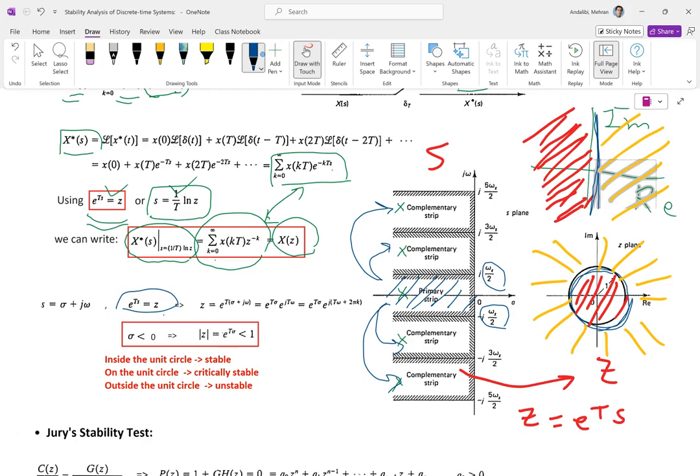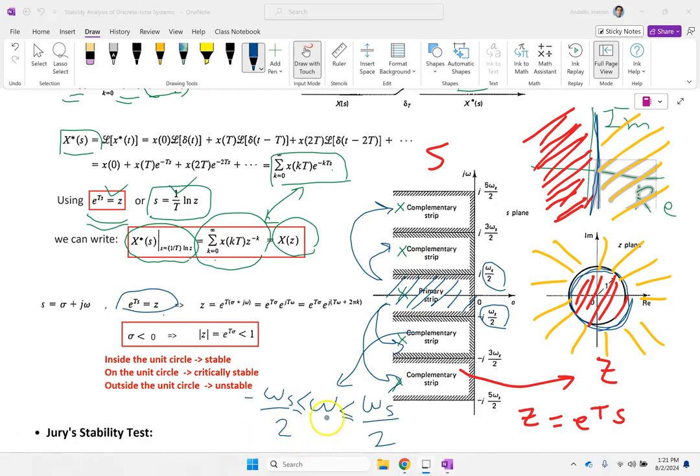Because here, as I just mentioned, the frequency omega is between what? Is between negative omega s over 2 and omega s over 2. And omega s is what? That's the sampling frequency.